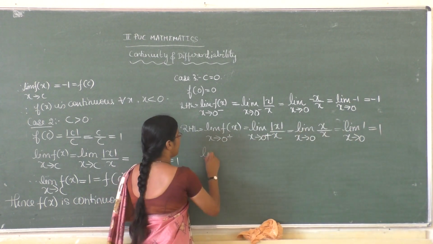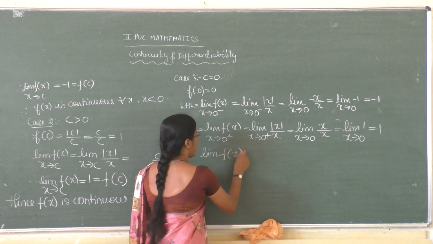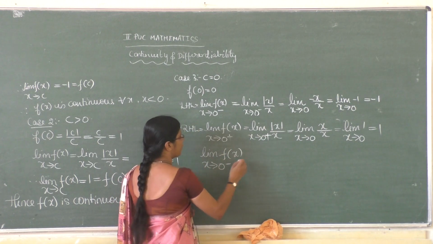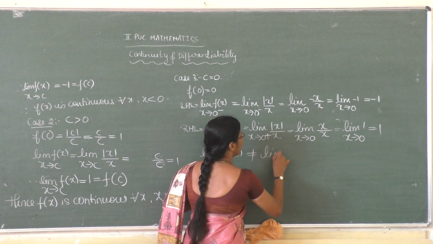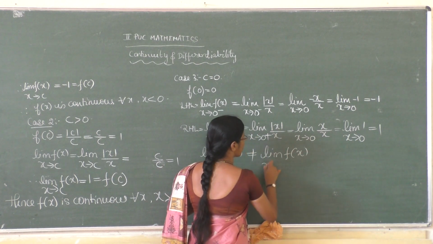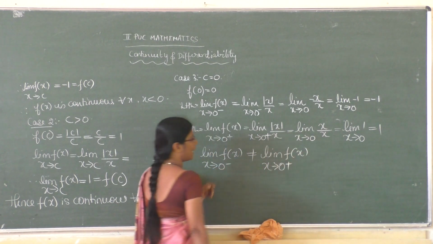So the limit of f of x as x tends to 0 from the left side is not equal to the limit from the right side.